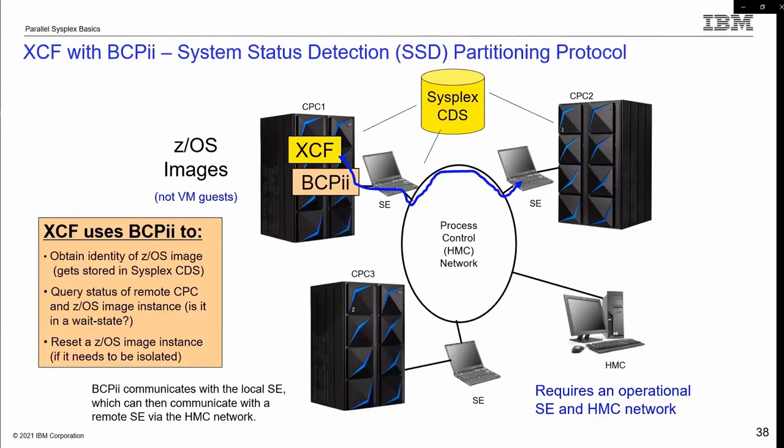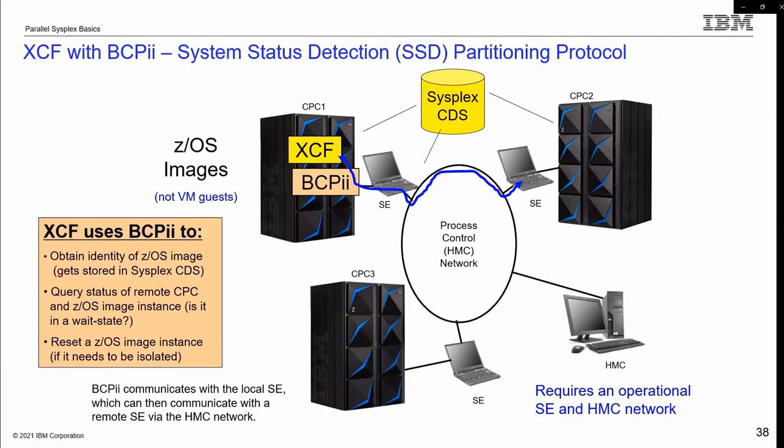Another way of initiating Sysplex partitioning is to use something called System Status Detect Partitioning Protocol. SSD uses BCPII, which allows parallel Sysplex to have kind of like HMC-like control over systems in the HMC network.